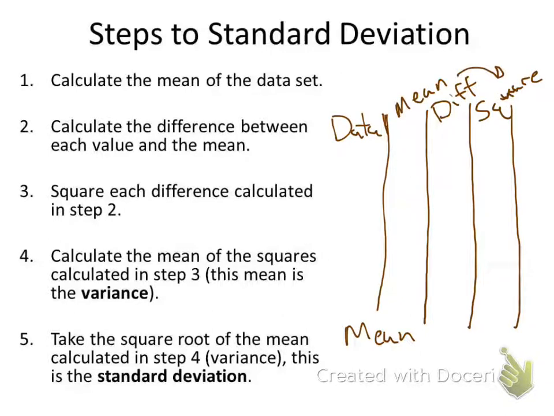Then we take all of those values and find the mean of that column, which is the variance, which is step 4. And the last step is to take the square root, and that'll give us the standard deviation. So it's going to follow that general process as we go through. If you're not sure what we have there, I would at least get the steps down, and as we go through the problems you can see how we complete each step.